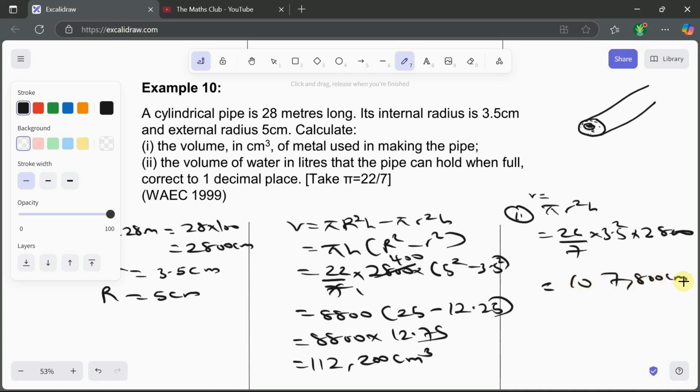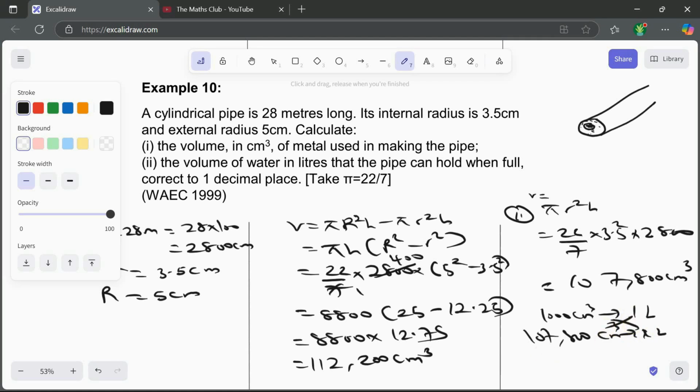107,800 centimeter cube. So after you finish solving the question, always go back and see if you took this volume in centimeter cube. Yes, the question asks for volume of water in liters. So we've not done that. If you leave it like this, you will not get a full answer. So we say if 1,000 centimeter cube makes 1 liter, then 107,800 centimeter cube will make x liters.